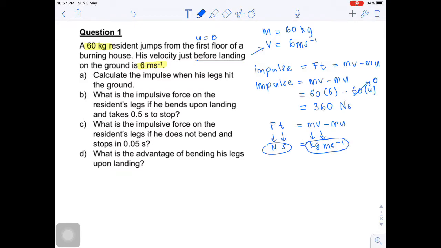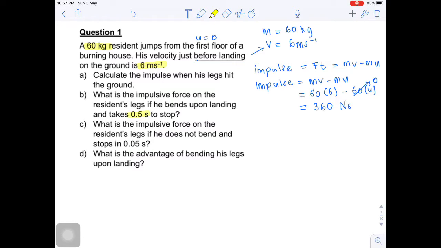So question B: what is the impulsive force on the resident's leg if he bends upon landing and takes 0.5 seconds to stop? Okay, so highlight the information given.